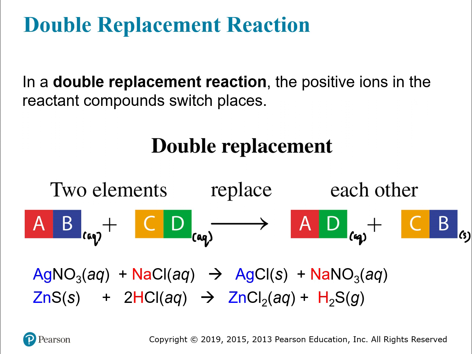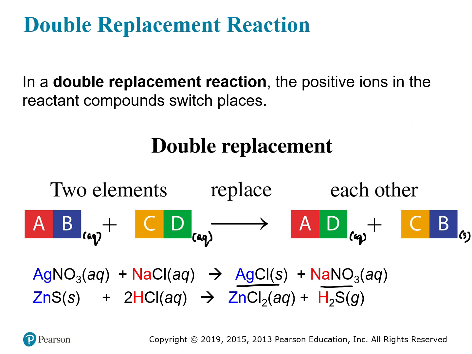Now, some real world examples would be silver nitrate and sodium chloride. You mix those two, you make silver chloride, which is insoluble, so you form a solid, and then you have sodium nitrate, which is aqueous.